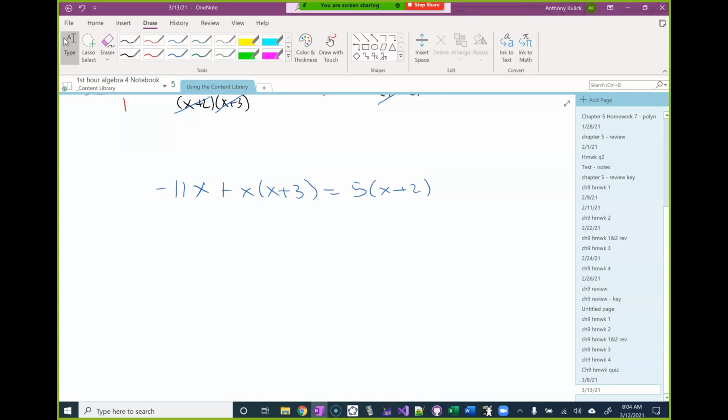Okay, to do that though, what do we have to do first? I have to multiply everything out, and then we can move everything onto one side. Good with that? So those can distribute through.